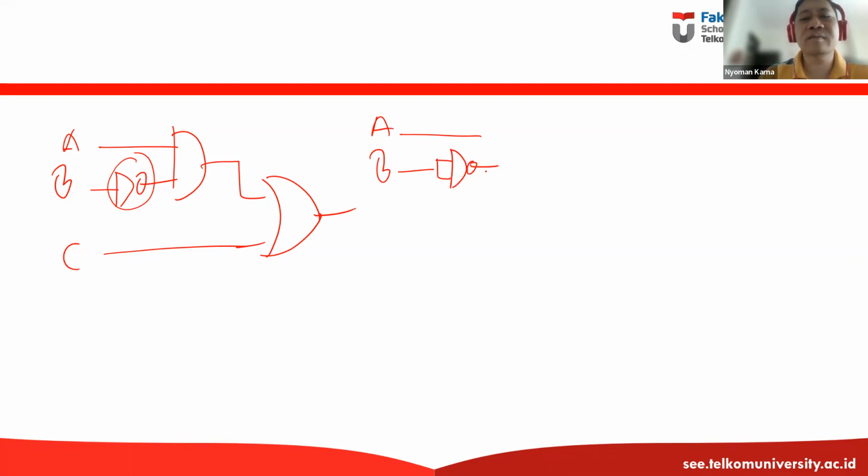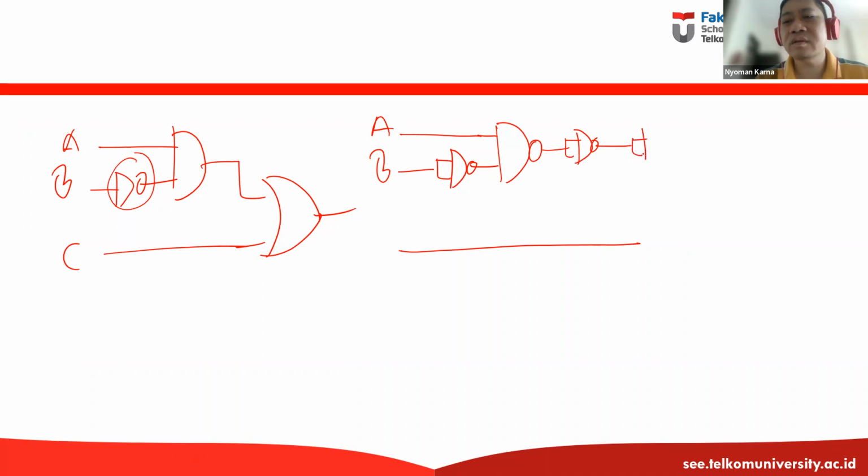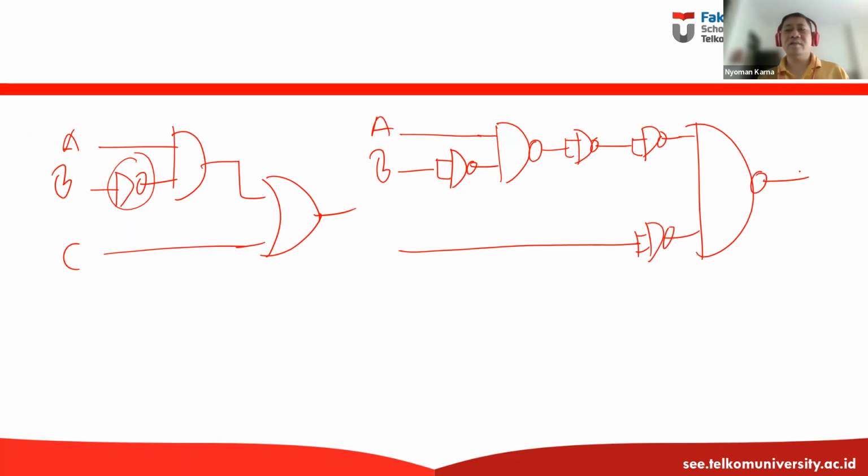This is the inverter. And then we have the AND gate. Sorry, AND gate is NAND gate with an additional inverter. Now, OR gate. For the OR gate, all of the inputs will be inverted first, and then you're going to go to the NAND gate.